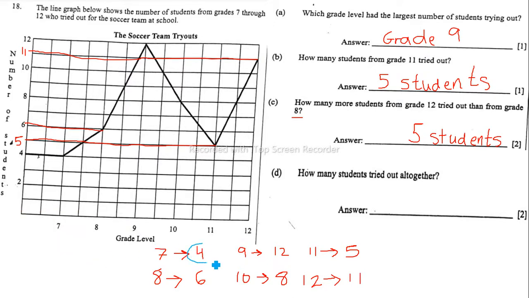So we have 4 plus 6 plus 12 plus 8 plus 5 plus 11. Can anyone verify 46 for me, please? I could. All right, so we get 46.